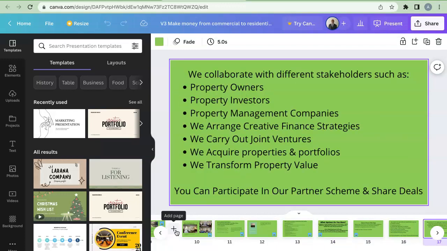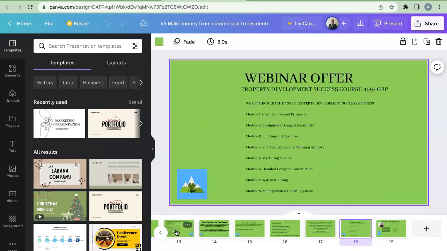So this is the property development success course, where we go through over 8 weeks the following modules. Module 1 is how to identify sites, suspects and prospects, and go from a long list down to a short list.